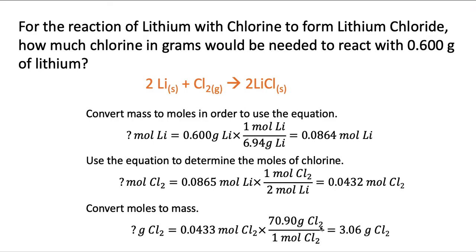You can figure this out because each chlorine is 35.45. That's what they weigh. I have 2 of them, so multiplying that by 2 gives me 70.9 grams. Moles of chlorine will cancel with moles of chlorine, leaving me with grams. And I multiply these two numbers, giving me 3.06 grams of chlorine. That is how much chlorine I would need to react with 0.6 grams of lithium to produce lithium chloride.